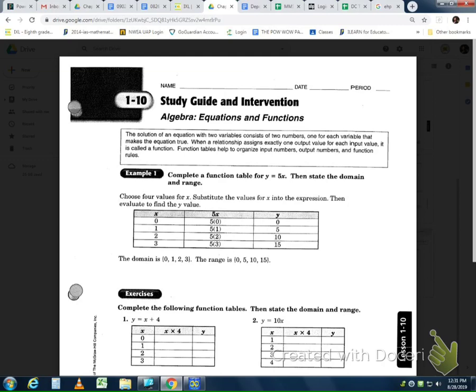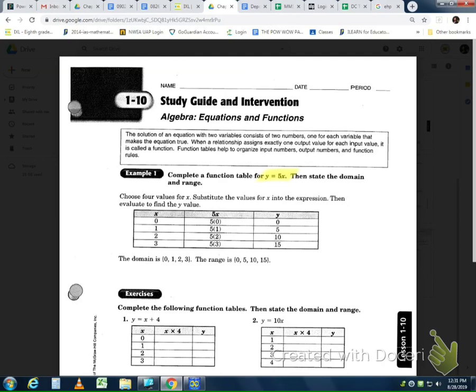So if we look at example 1, we made a function table for this rule, y equals 5x, and then state the domain and the range. Okay, so there's a lot of stuff going on here. First of all, the input we're going to call x.